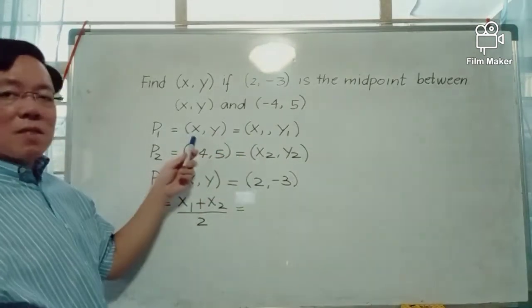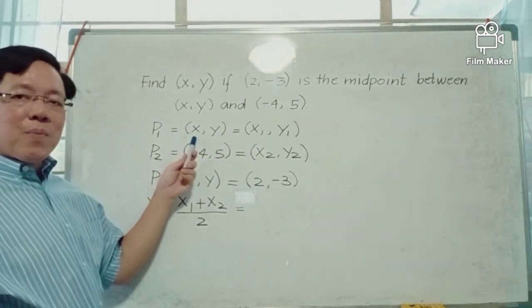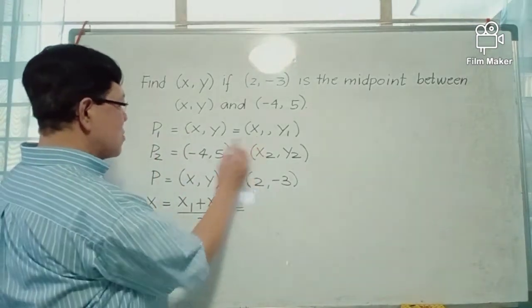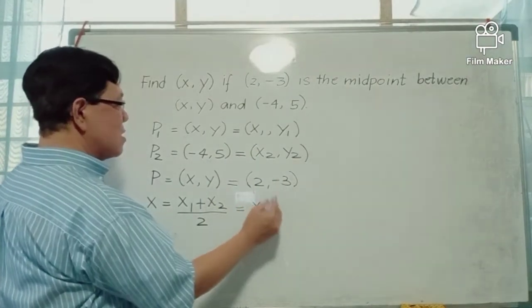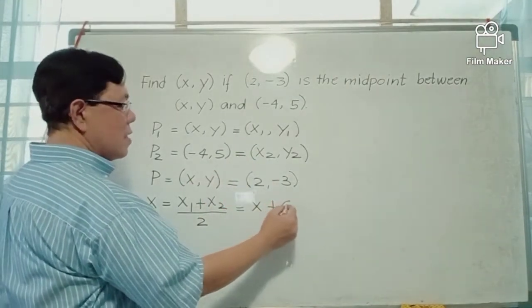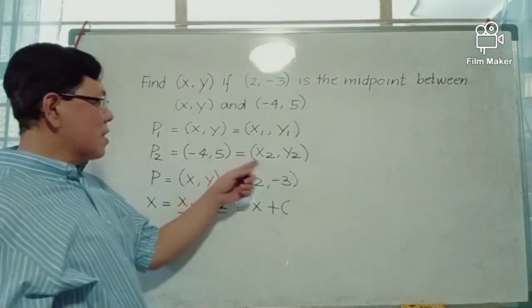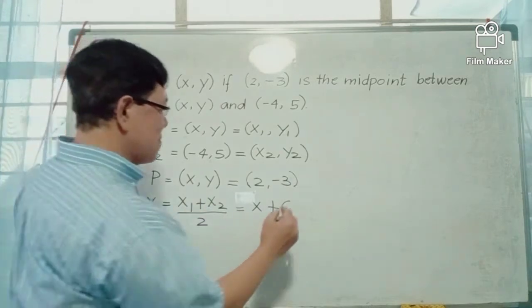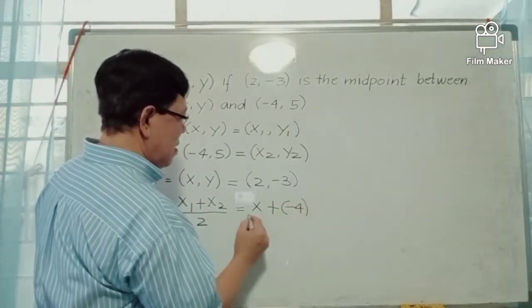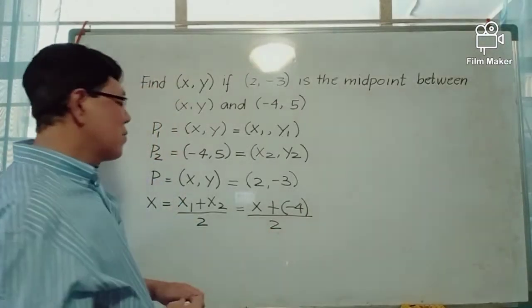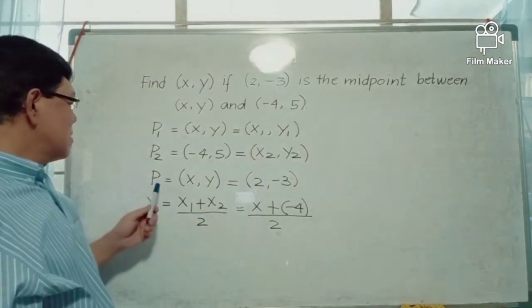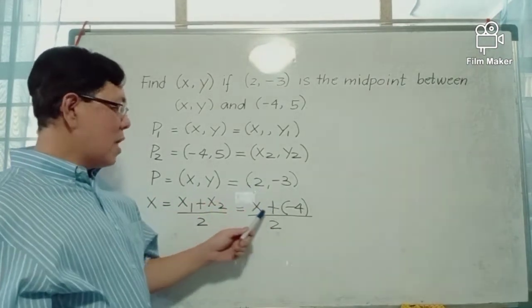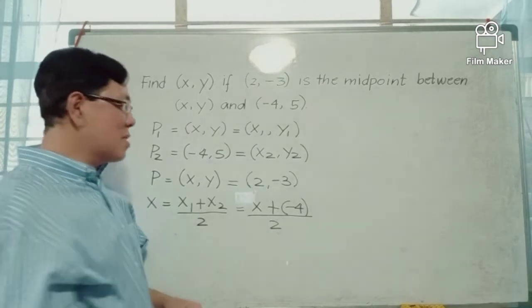Our x1 is x, the abscissa of the point we want to find. x1 is x, plus x2 is -4. Because x2 is -4, we write -4 in parentheses, divided by 2. And we are given that the abscissa of the midpoint between P1 and P2 is 2. So (x + (-4)) divided by 2 is 2.